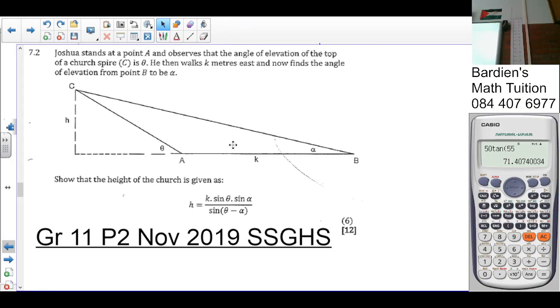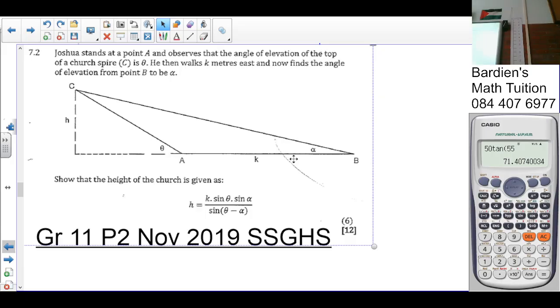Here we are told that Joshua stands at point A and observes that the angle of elevation to the top of the church spire C is theta. He then walks X meters east and now finds the angle of elevation to point B to be alpha.